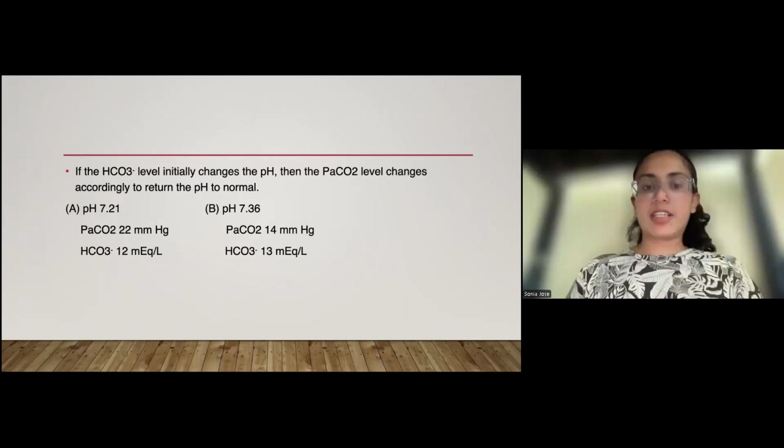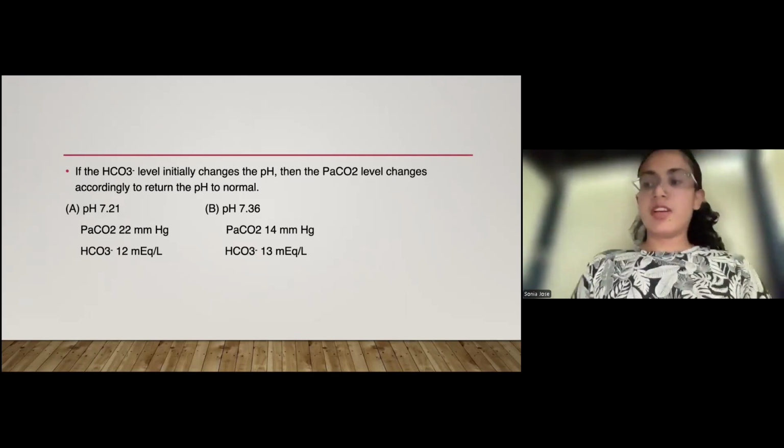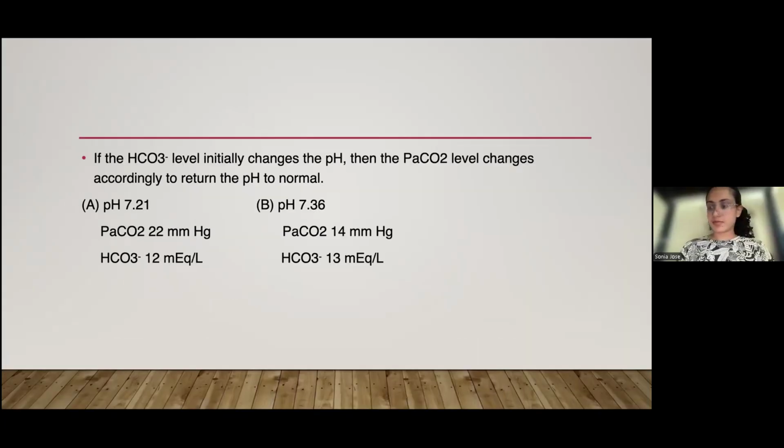Next we are looking at the metabolic ones. In the first ABG, can anyone tell me what the primary cause is? Metabolic. Yes, it is metabolic acidosis. In order to bring the pH to the normal range, the PaCO2 has reduced.